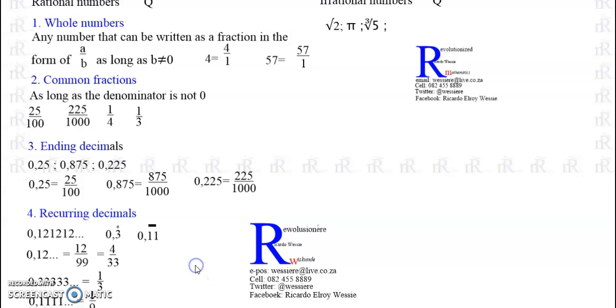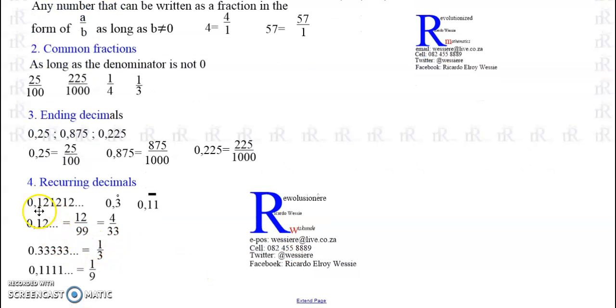Just to briefly take you through them, 0,121212 will be written as 12 over 99 and can be simplified to 4 over 33. 0,3333333 is a third, and 0,11111111 is 1 over 9.